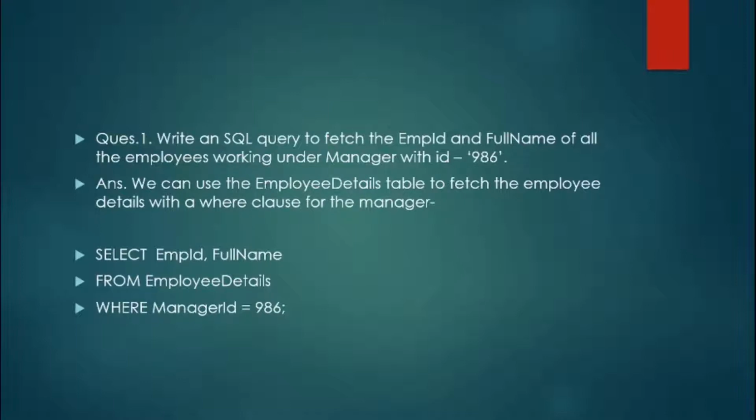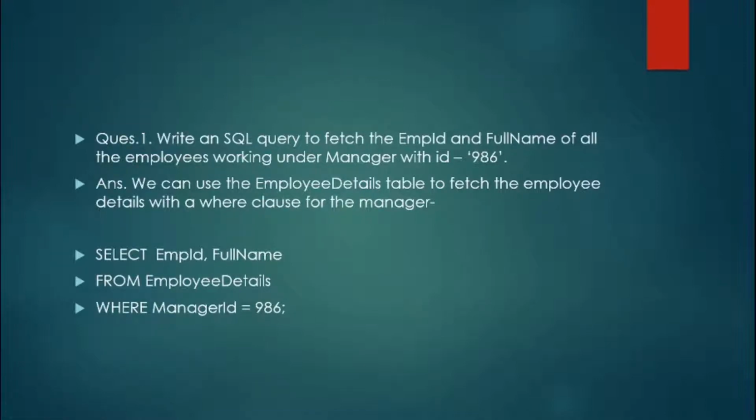The first question is, write an SQL query to fetch the employee ID and the full name of all the employees working under manager with ID 986. First, they want two columns, employee ID and full name. So we have written select employee ID, full name from employee details.